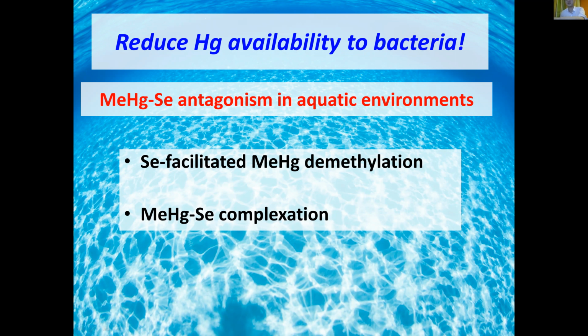The second is the complexation between methylmercury and selenium. The strong binding would make methylmercury less bioavailable to the organisms. For these two reasons, people think that selenium could reduce methylmercury availability to aquatic organisms and decrease its bioaccumulation in the aquatic environment.